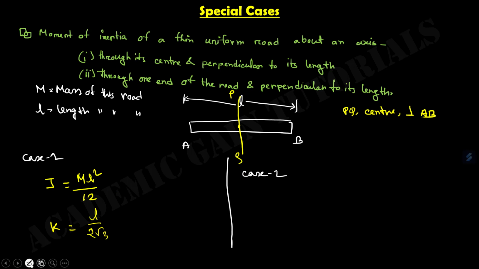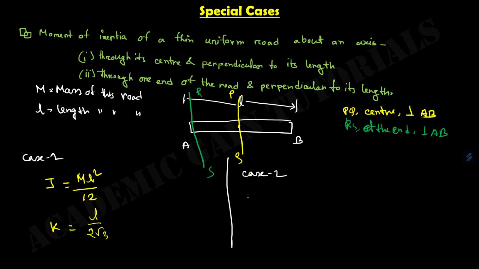Now coming to the second case, where our axis will be changed. It says the moment of inertia of a thin uniform rod about an axis through one end of the rod and perpendicular to its length. Suppose this is the end of the rod, RS, perpendicular to AB.